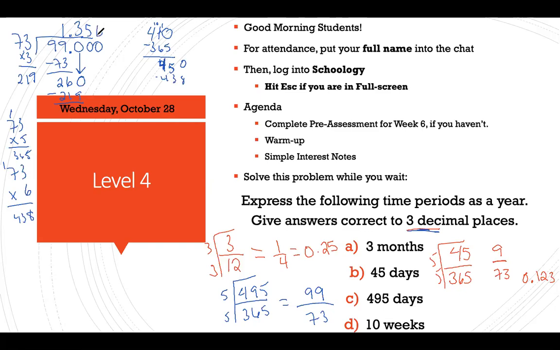This next number here is 6. I'm going to hopefully stop right there. Just going to subtract to see what I end up with. I have 12. Yes, so I'm going to stop right here. 1.356.